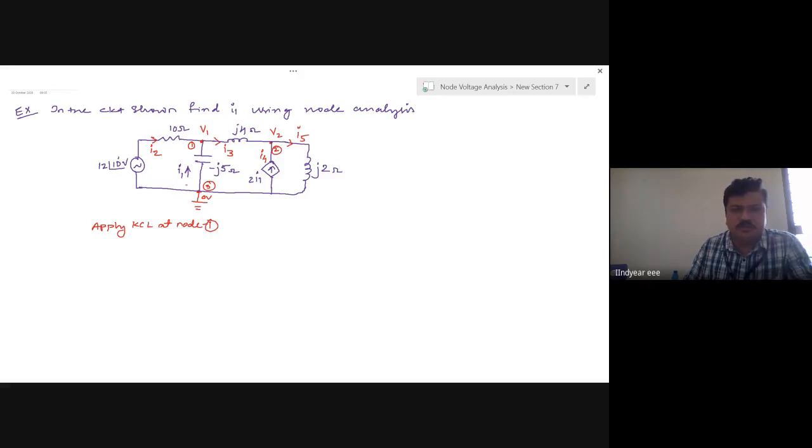I2 is entering, I1 is entering, I3 is leaving. So it will be I1 plus I2 minus I3 is equal to 0.